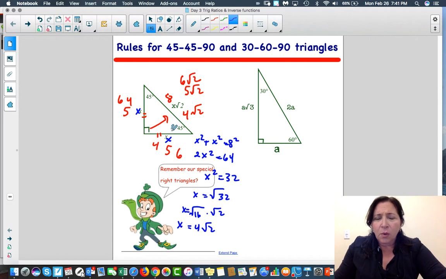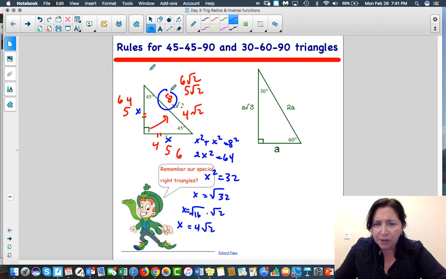Now, there is a little trick here with this being a 45, 45, 90. We're going to take that number, divide by 2 and multiply by root 2. That works backwards, because technically we're setting 8 equal to x root 2.